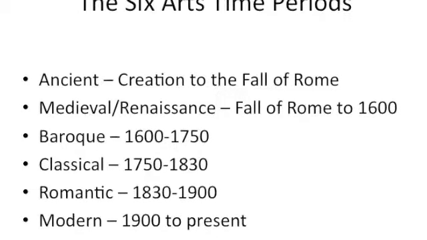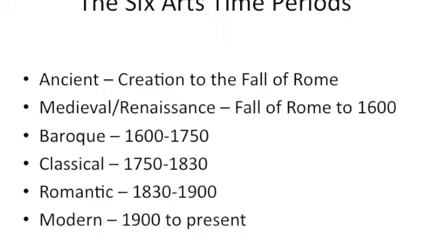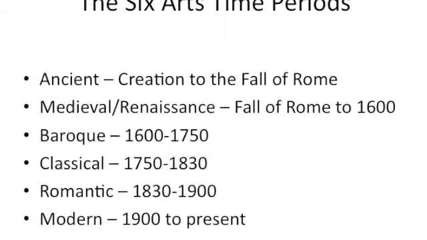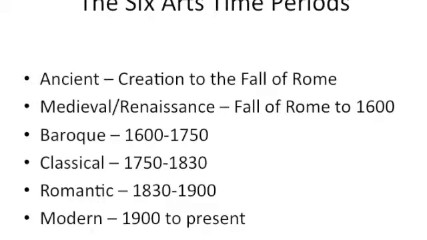Another way to do this would be to study everything in chronological order. You could spend a whole year doing the ancient time period, the following year study the medieval Renaissance time period, and so forth. A third method would be to take a child's interest and find everything related to that through all of the time periods. For instance, if your son is a big war buff, why not study the history of war from the ancient through the modern periods all in one year? Or maybe your daughter is an athlete.